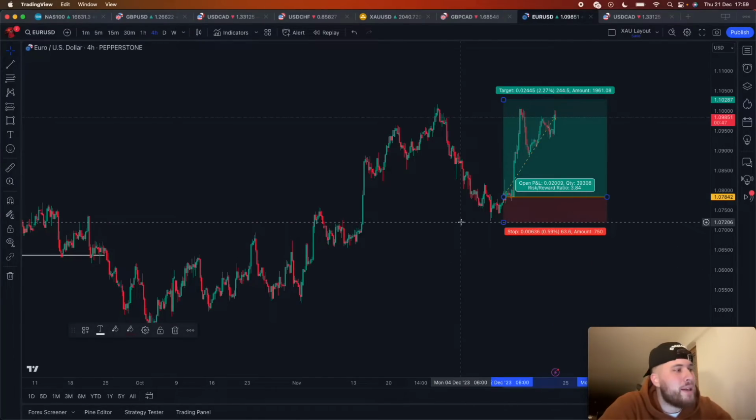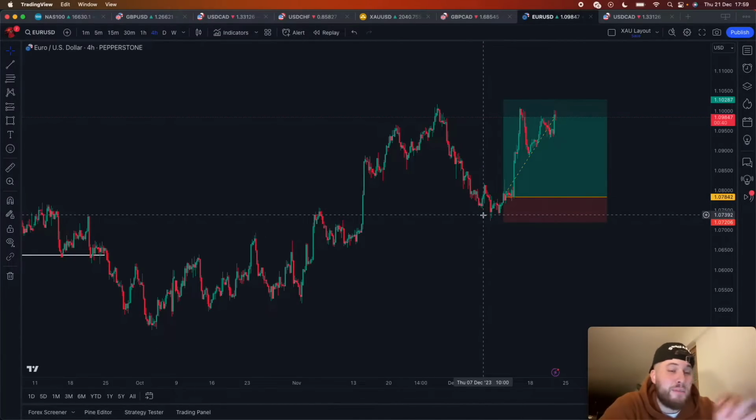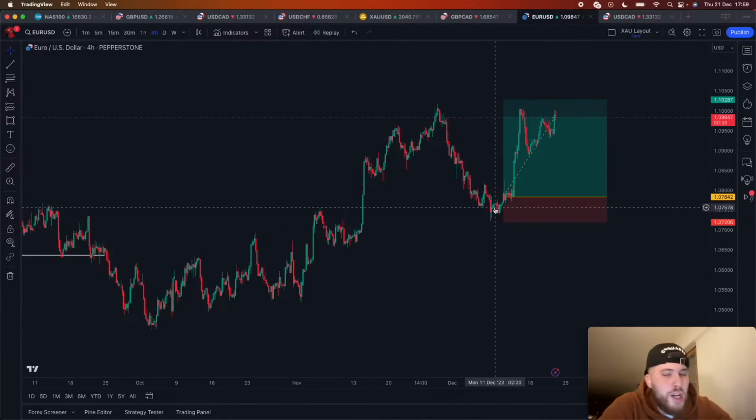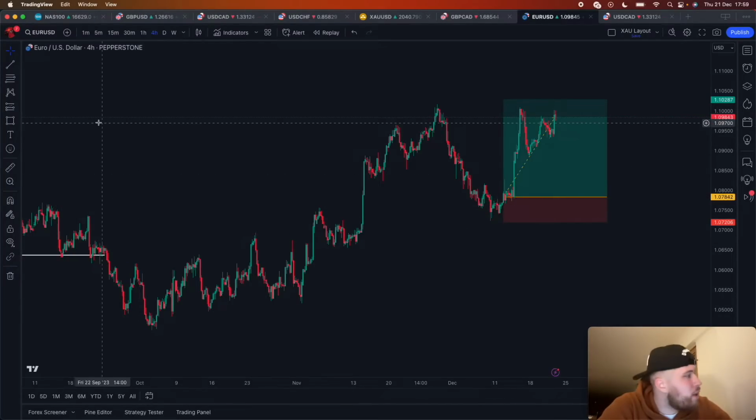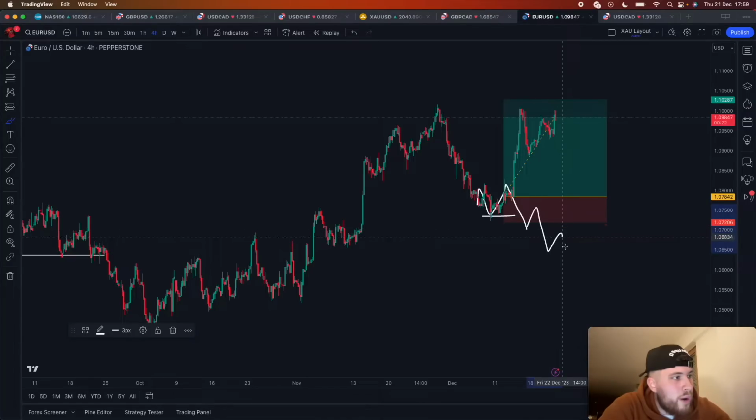The reason being is because if price continues to trade below this low, that should be seen as protected, then I no longer want to be in the trade. Why do I no longer want to be in the trade? Well, if price decides to, as I say, trade down as it has done, trade up, and then trade down, this is still following the laws of bearish structure, where we break the lows and we protect the highs.